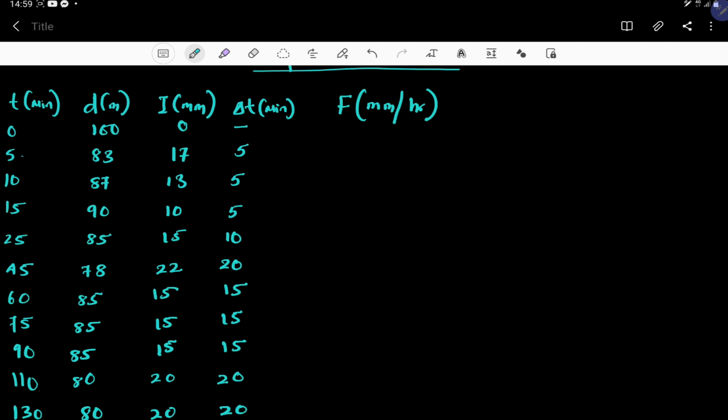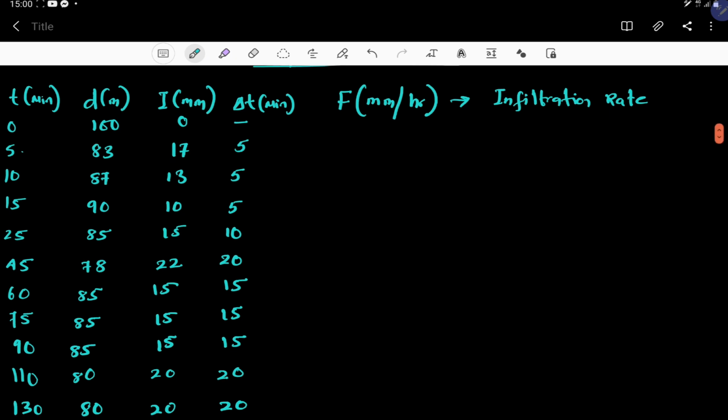Infiltration rate is the amount of infiltration that is occurring in a particular duration. For the first case, 17 mm has infiltrated in 5 minutes. So this is going to be some values here, 17 divided by 5.